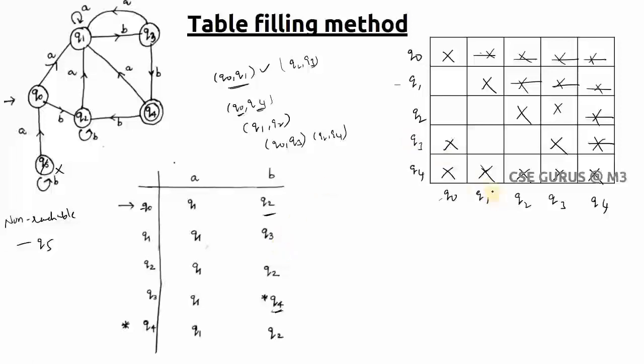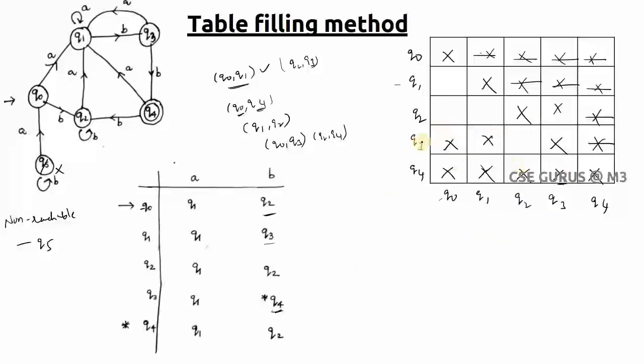Now coming to Q3 Q1, Q1 to A, Q3 to A, same, ignore. Q1 to B, that is Q3, Q3 to B Q4. You are getting Q3 Q4. Where is Q3 Q4? Yeah, here is Q3 Q4. So it is marked, that's why this also to be marked.